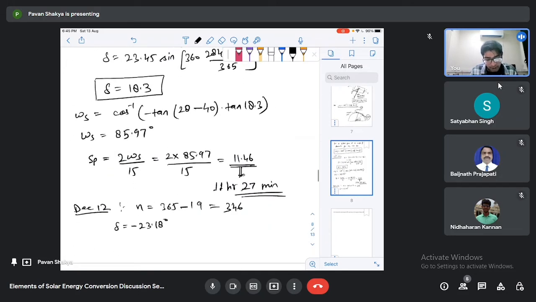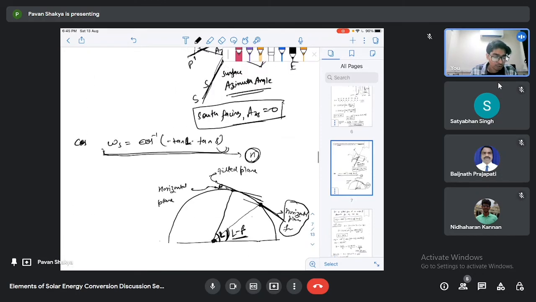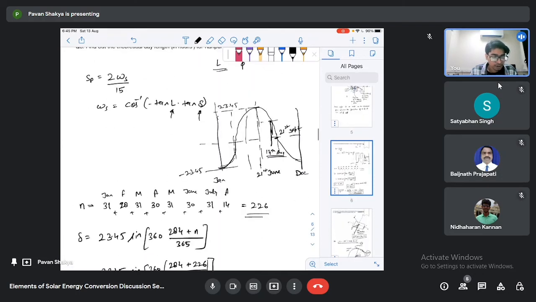Also, now you can confirm your value of delta with the figure that I have shown you earlier. In this figure you know that the minimum value, that is minus 23.45, occurs on 21st December.